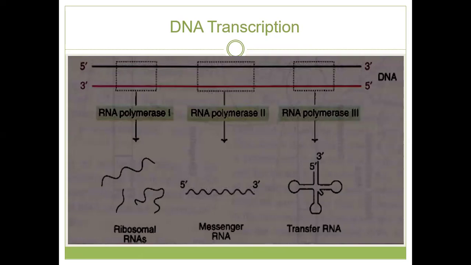If a ribosomal RNA is needed, then RNA polymerase I is involved. In the case of transfer RNA, RNA polymerase III is involved. The most important thing to note here is that information is copied from DNA and transferred to RNA, either ribosomal RNA, transfer RNA, or a messenger RNA that will be utilized for the synthesis of protein.